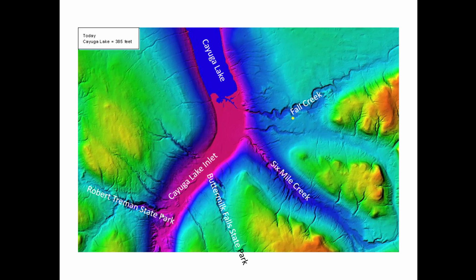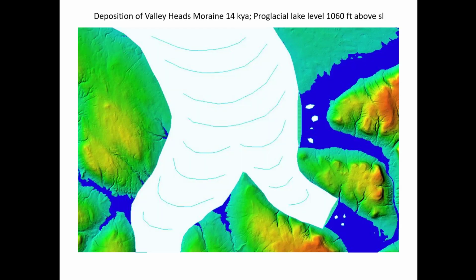All right, so why does it look like this? Why are there so many gorges in such a small region? The answer is glaciers and base level. So this is what that region looked like about 14,000 years ago. You can see Cayuga Lake does not exist yet. In fact, it is full of a glacier. And at the front of the glacier, the Valley Heads Moraine is being deposited.